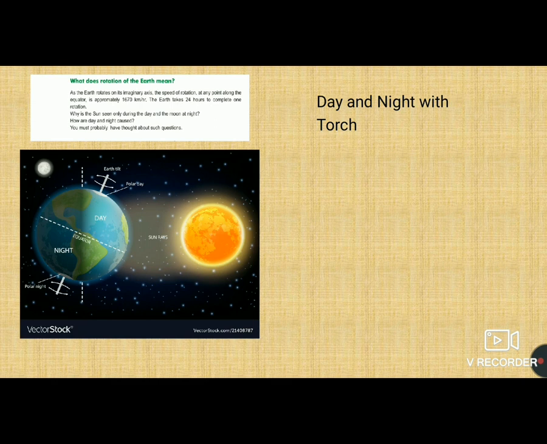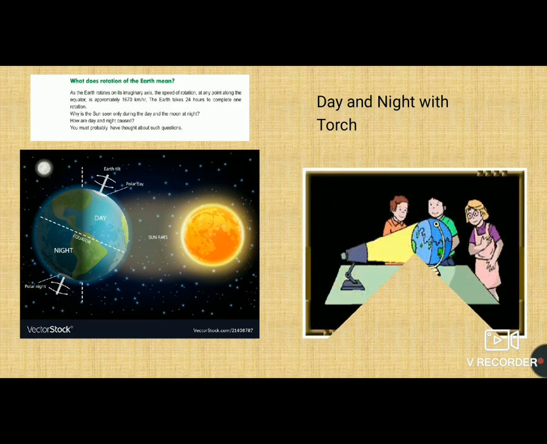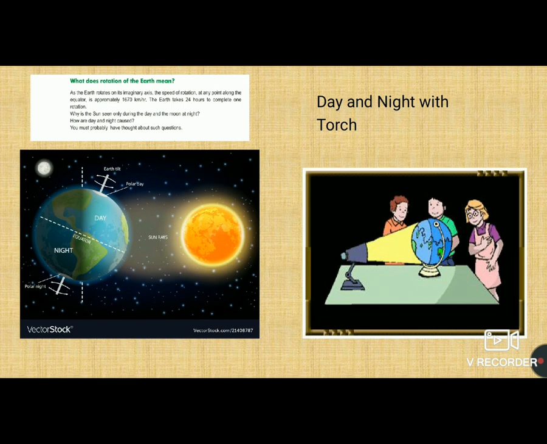This line where the sun is bright and the earth is bright, that is day, and the other part is night. You can see this through this experiment. Take a globe and put a torch in front of it and turn on the light.